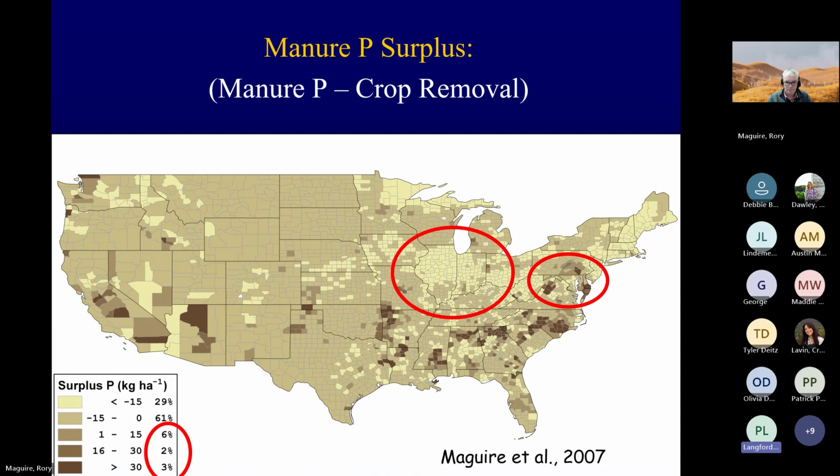And so it's only about 10% of surplus phosphorus throughout the nation. But if we were to spread that out or spread our cropland out, we might be able to see even less.